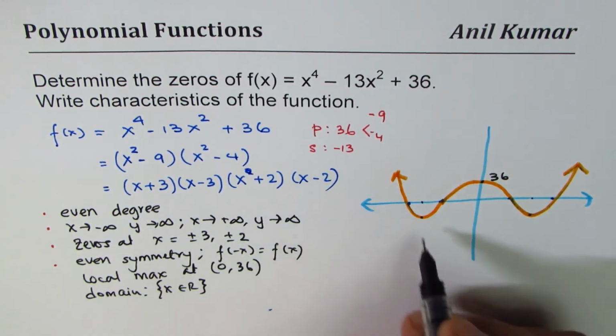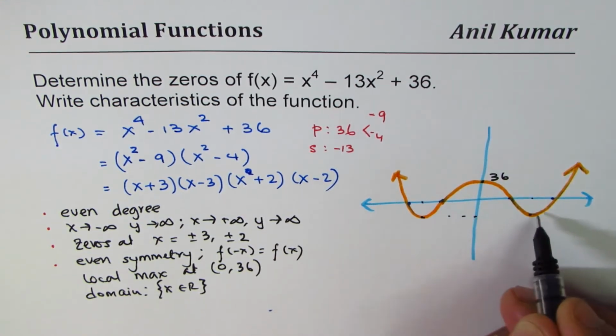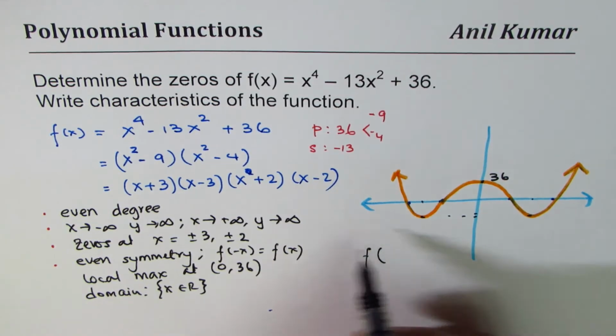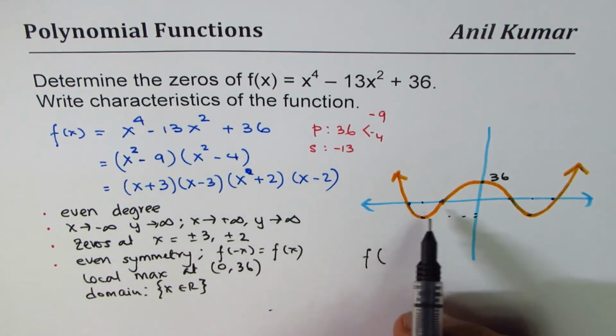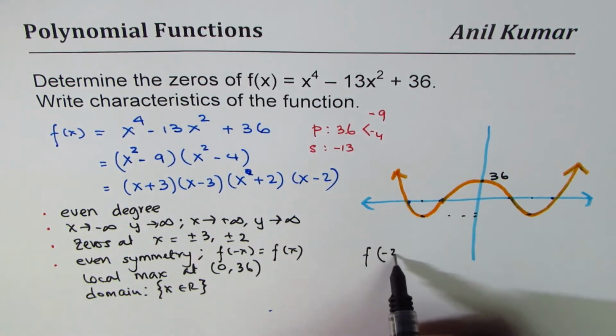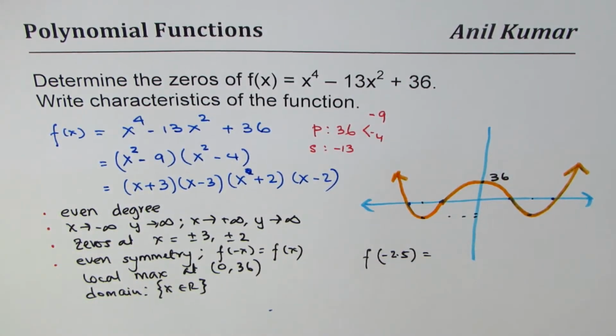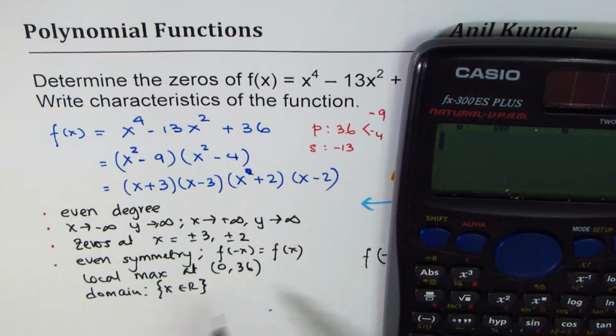So for range I'd like you to calculate these points. That is to say, find f of, let's say, between 2 and 3, which will be minus 2.5. But from the symmetry this has to be the same, so we can just find this value. Let's substitute minus 2.5 and find that point.